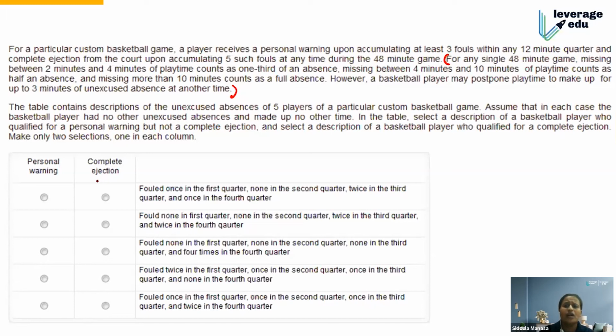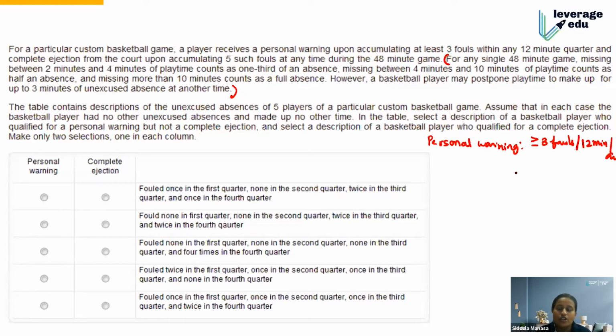Just before that, try to write some scratch to understand some number data given here. Here clearly given is that a personal warning is at least, meaning greater than or equal to, 3 fouls in 12 minutes per quarter.